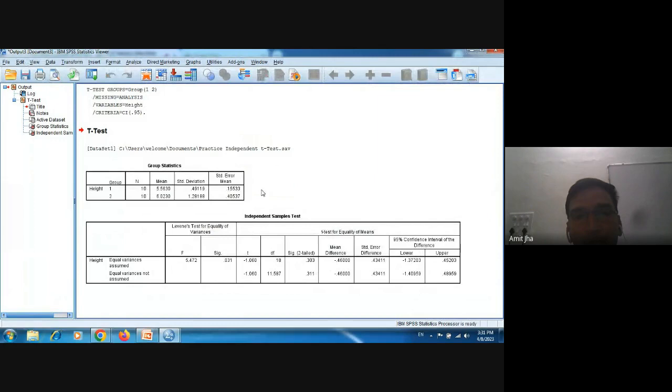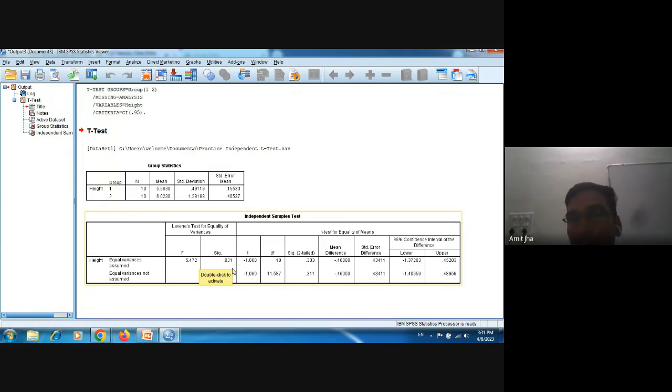Now see here, this is the independent sample t-test and group statistics, mean, standard deviation line. What we find out here, look here, the F value is 5.472, and its significance level, which we are talking about, the P value, is 0.031, means it is less than 0.05.